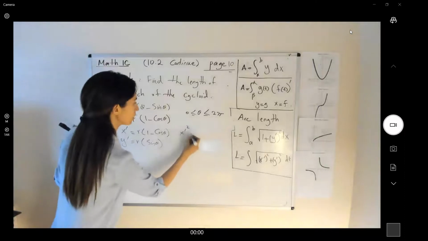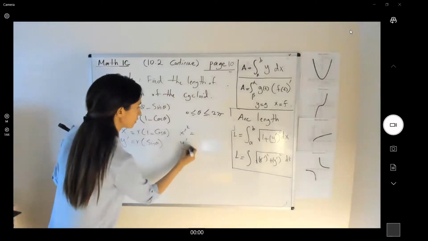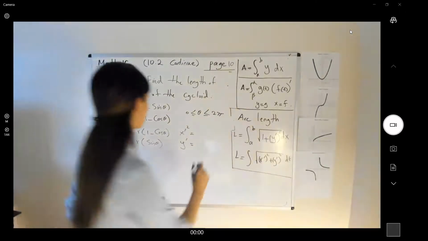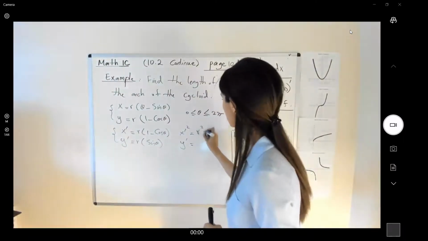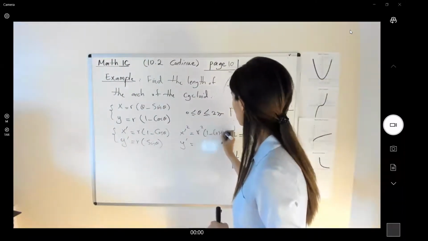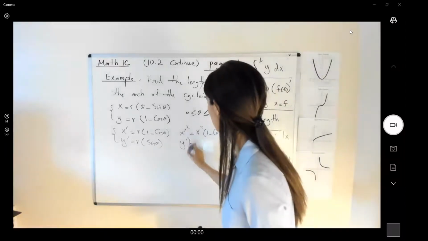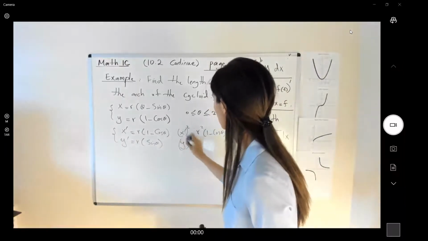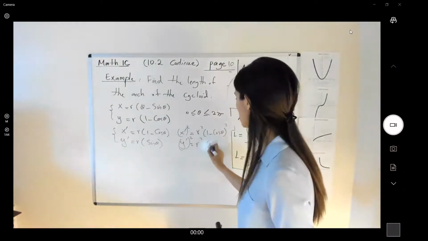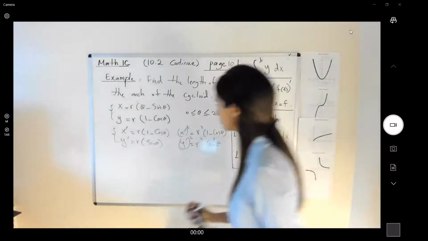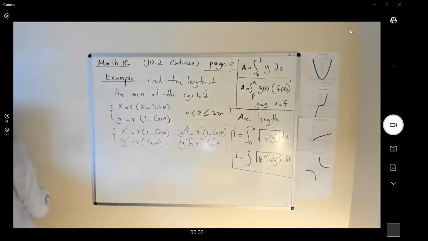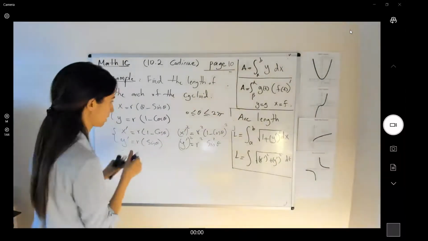Now, the derivatives squared: here we get r squared times 1 minus cosine theta squared, and the derivative raised to the second power is r squared sine squared. Okay, perfect.